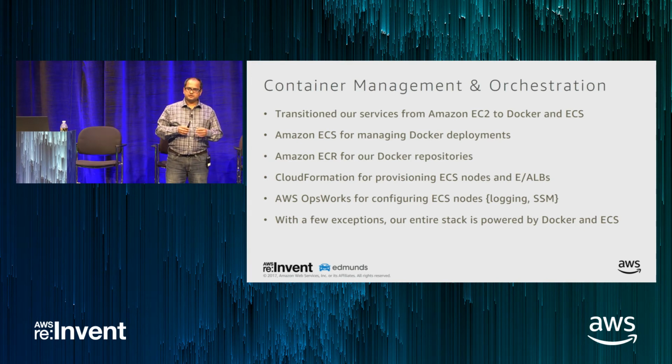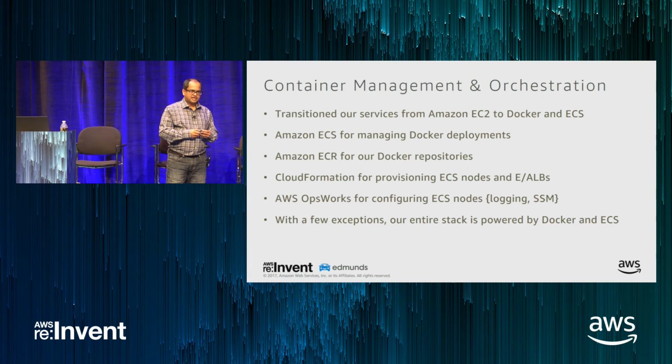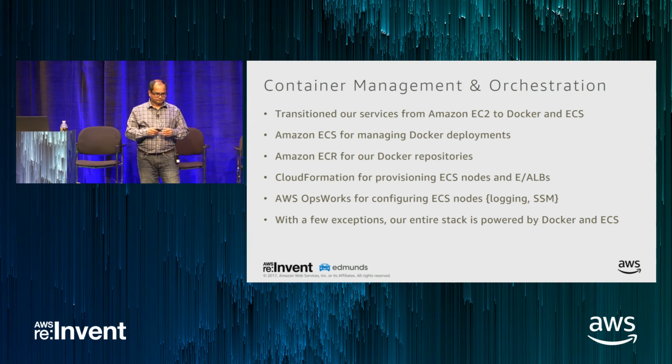OpsWorks is also helping us configure the logging, the agents, APM agents, or config rules. And then, except for a few exceptions where some of the core infrastructure, like Elastic and Mongo, everything else we now run on Docker.